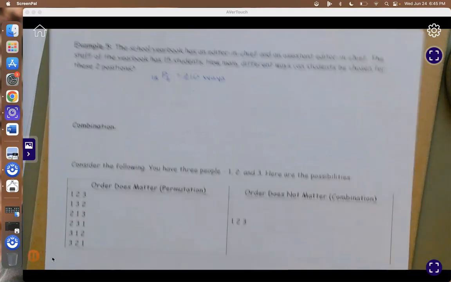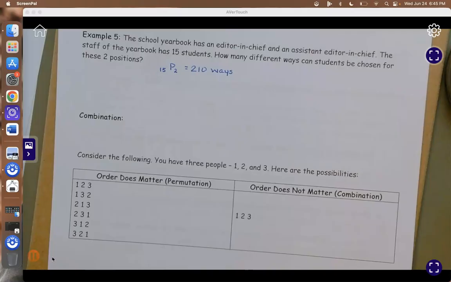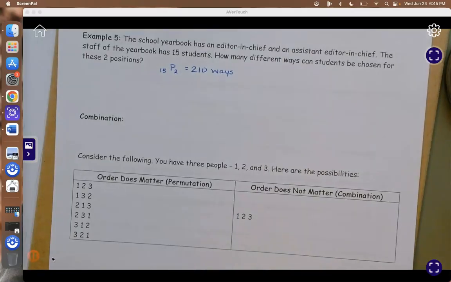All right, we're continuing 6.9, so this is 6.9b, and we're going to talk about combinations. So permutations is what we talked about in the last video, and permutations is when order matters.